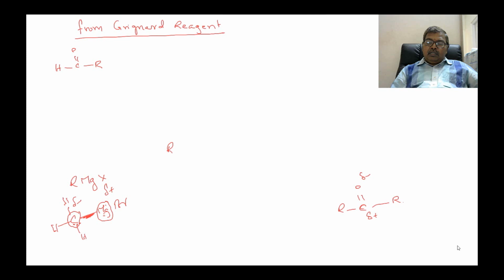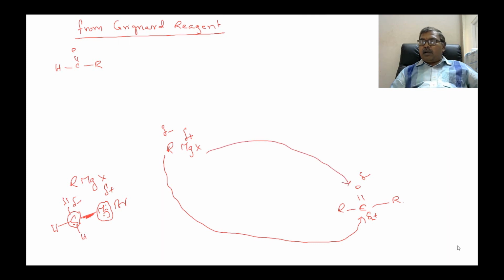So remember, in Grignard reagent, the MgX part carries a partial positive charge, and the alkyl part gets a partial negative charge. So automatically in C double bond O, carbon carries a partial positive charge and oxygen carries a partial negative charge. Therefore, the alkyl part of the Grignard reagent will attack the carbon of C double bond O, and MgX will attack the partial negative charged oxygen. Is it clear?